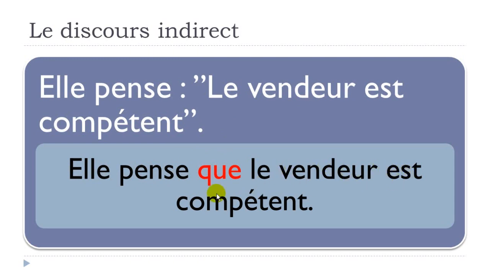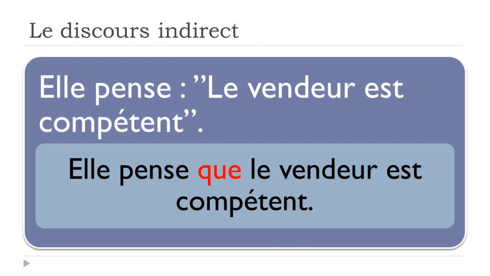Le vendeur est compétent. Okay, so in that sentence it's quite simple because, if you have a look at the first structure we've got here, and then the second structure we've got here, it doesn't change that much. You only need to add this que, and then you will remove a few things, but no main changes in the second part of the sentence.